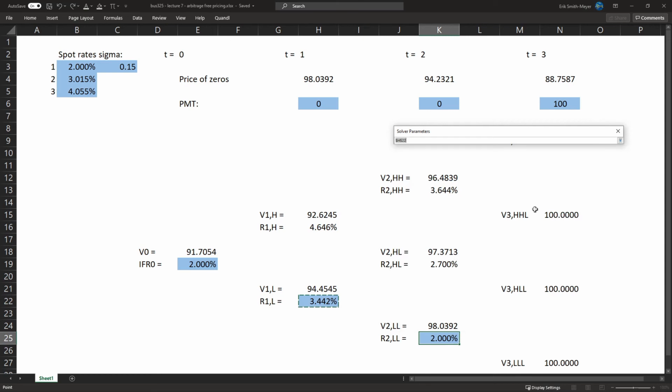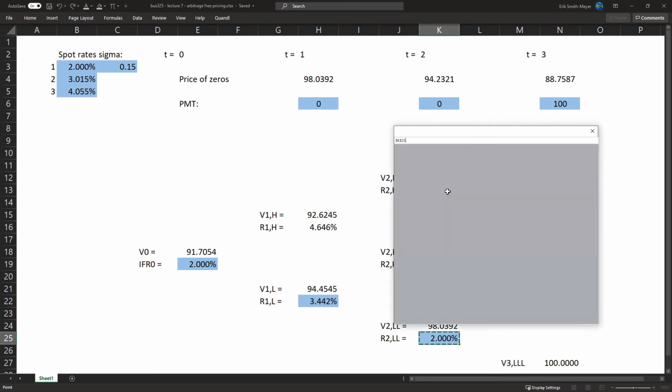By changing the cell, which is here, the interest rate. If you change this cell, you automatically change the other interest rates of that period, because they are just interlinked by the standard deviation.